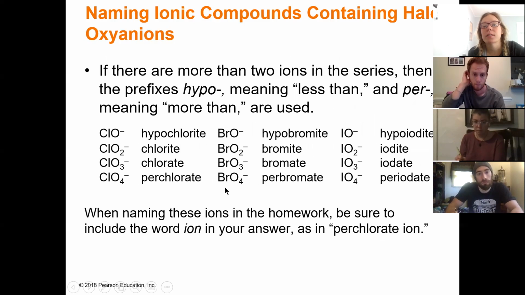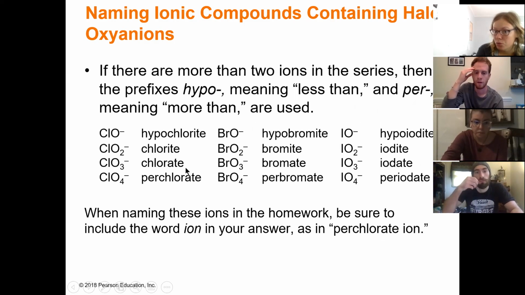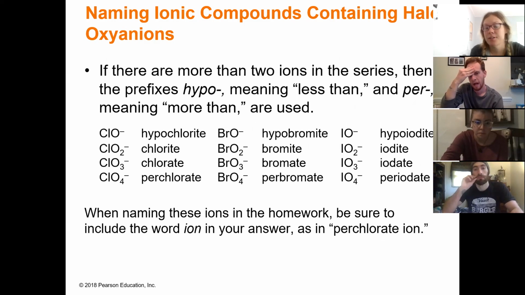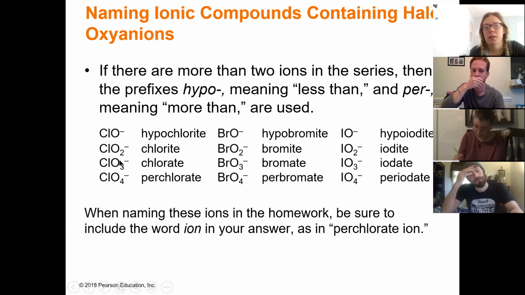If you deal with a series that has more than 2, like let's say you have a series of 4 here. So in the middle here, I've got my 3 oxygens, that's chlorate. If I strip an oxygen away, it becomes chlorite. If I strip another oxygen away, it becomes hypochlorite.